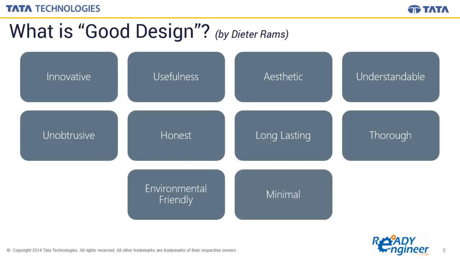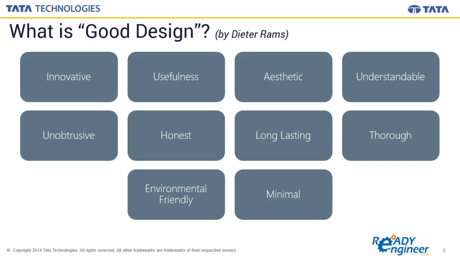And above all, last but not the least, the design has to be minimal. It should be what it should be. No extras, not too much of it. I'll give you a very simple example. If you see the Mahindra Scorpio and the Tata Safari, there's a hell of a lot of difference between the two.